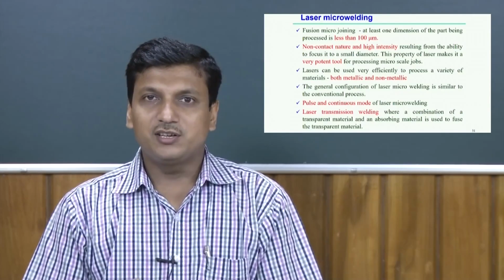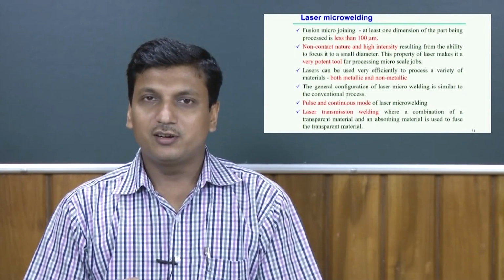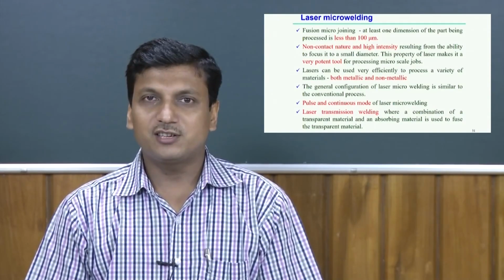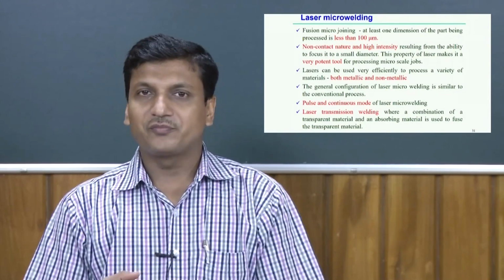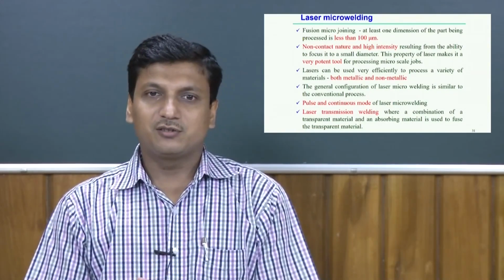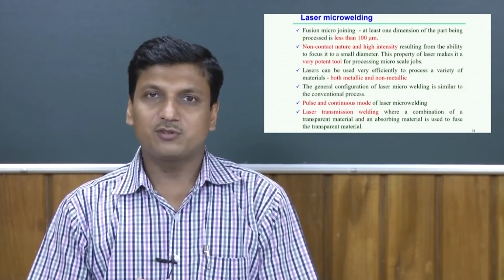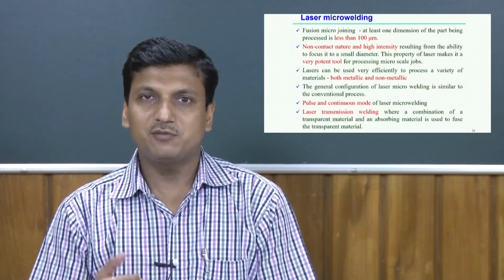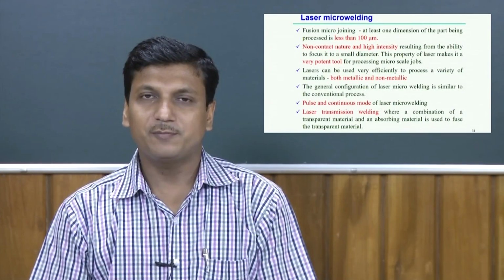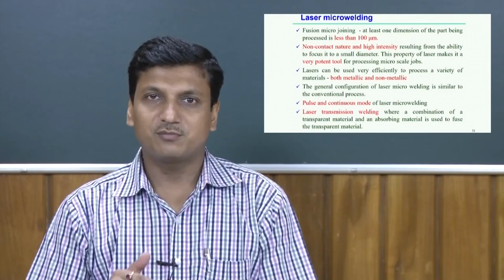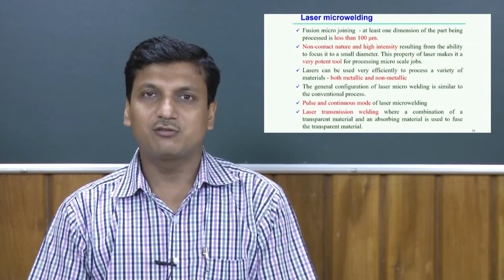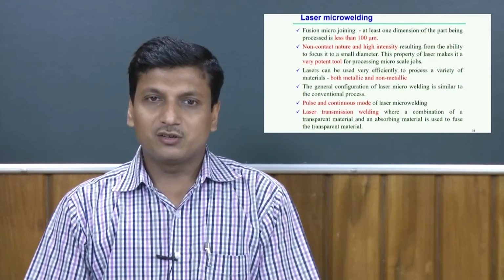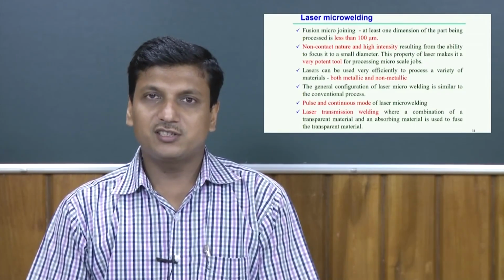So it is possible to define laser micro welding in terms of power density. Normally in laser welding, the power density, that is the power per unit area focused on the surface of a substrate material, is very high as compared to other arc welding processes. So this is one advantage of the laser welding process.